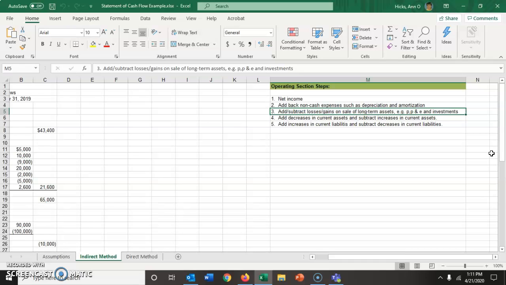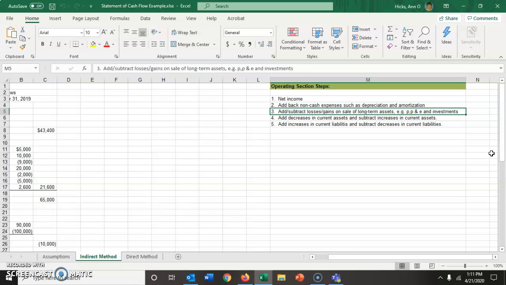The amount of cash we got is the sales price, presumably if we sold it for cash. The loss is in essence the difference between the sales price and the book value of the asset. So a loss, since it reduced net income but did not reduce cash, would be added back to the net income on the statement of cash flows.